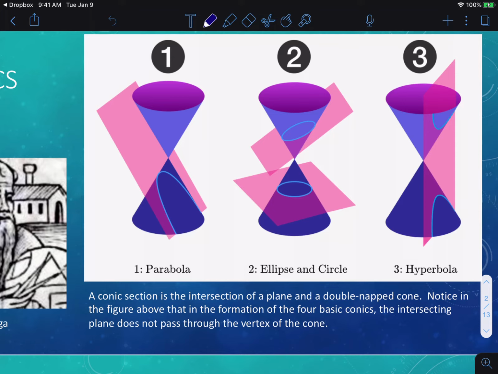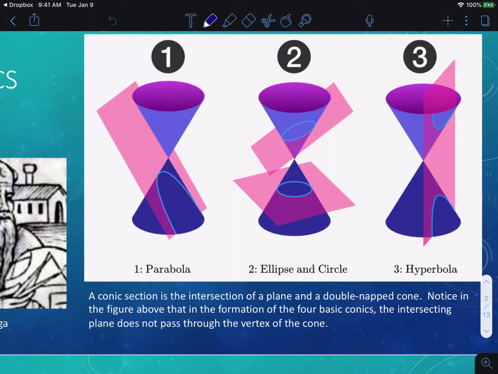But if you tilt that plane and cut through the cone, as you see in the upper nap, you end up with an ellipse. And finally, if you turn that plane vertical, straight up and down, and cut through both naps of the double napped cone, you end up with a shape called the hyperbola.